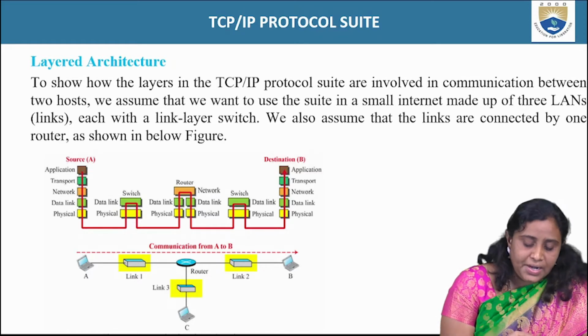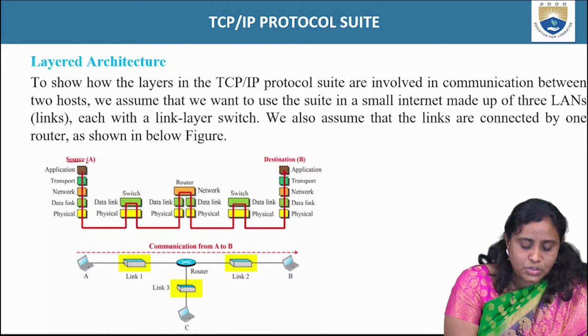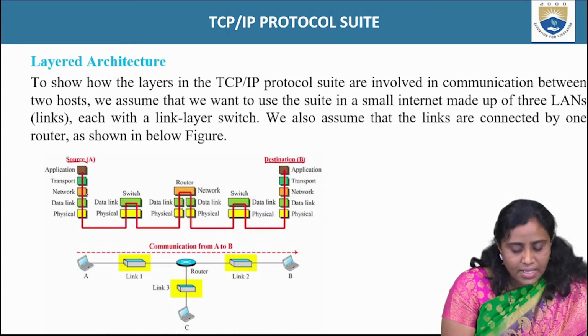If you identify each layer here, each has a source node as well as a destination node. The application layer has the source and destination host, and so do the transport layer, network layer, data link layer, and physical layer.